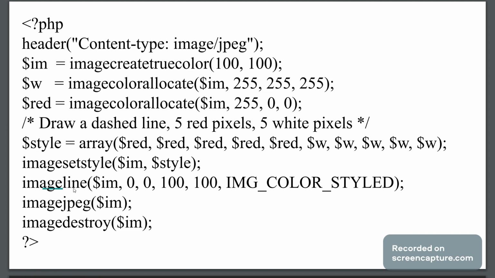Now the imageline function is used to draw the line from starting x0, y0, to ending x and y as 100, and we have the option IMG_COLOR_STYLED. Whichever style we have created, that will be applied to this drawn line.